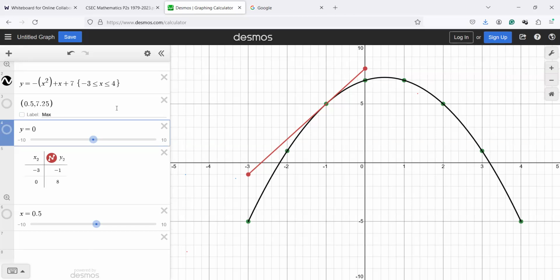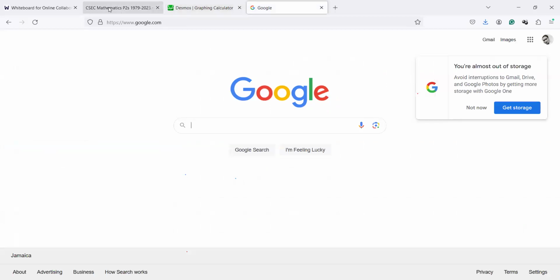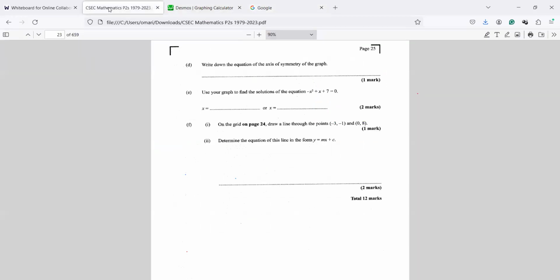So what's the gradient for this one, Omari? I hope you guys know the formula to find gradient. Gradient was 3. The gradient was 3 and the y-intercept was 8. So 3 and 8. Let me make a note so you guys can see.